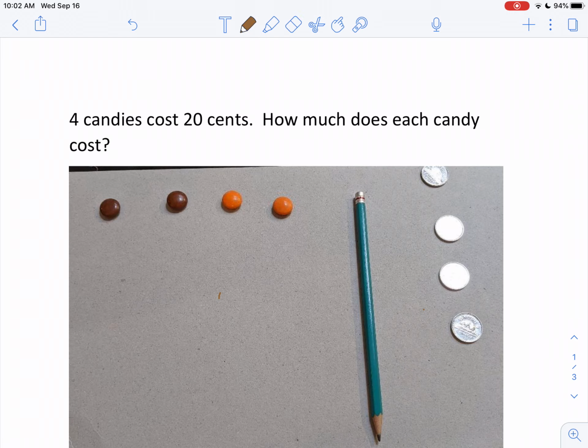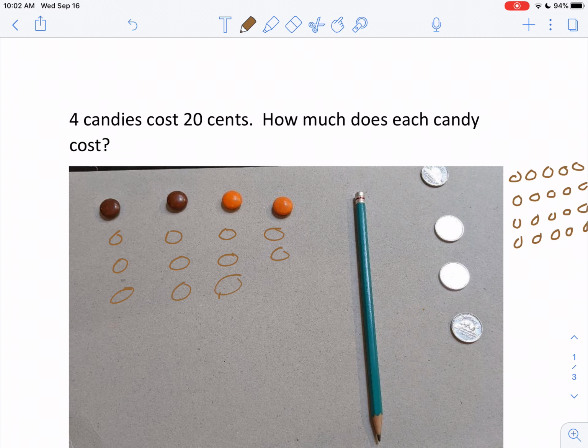So I could start by taking my 20 cents, and I could use pennies if I wanted. And I could take my 20 pennies and I could hand them out one by one to each of the 4 candies until I run out of pennies.